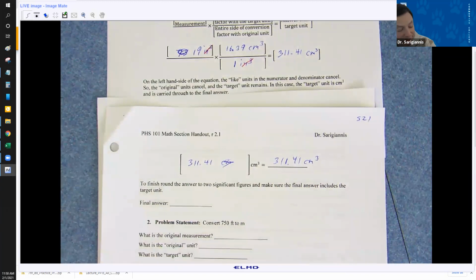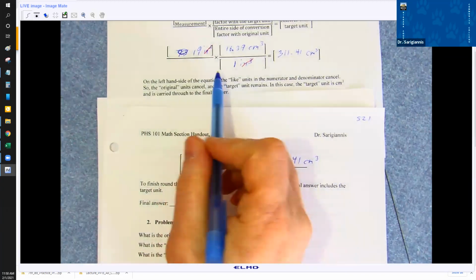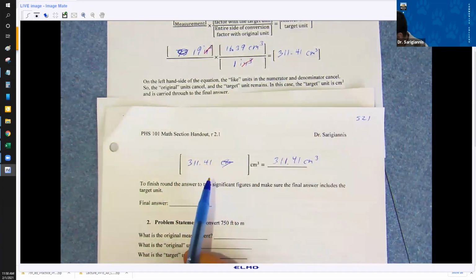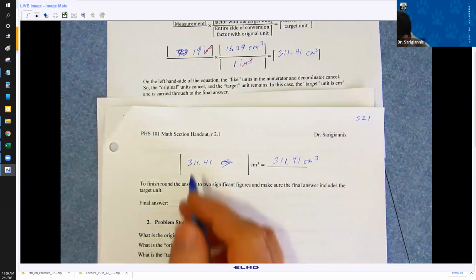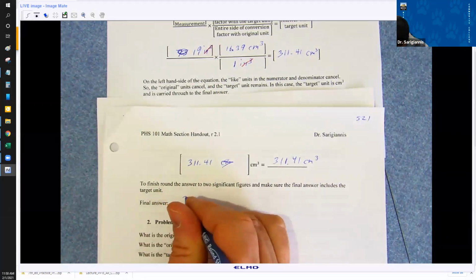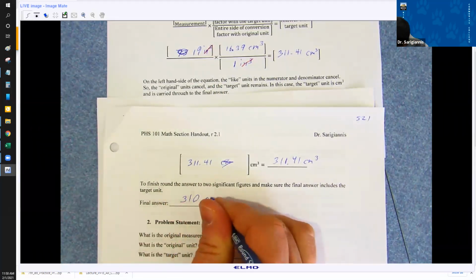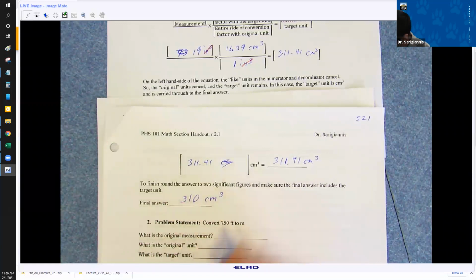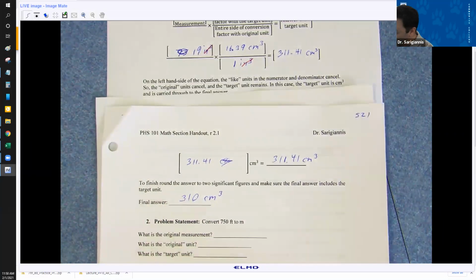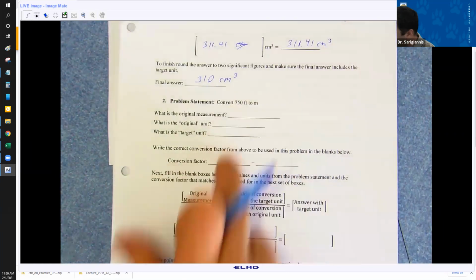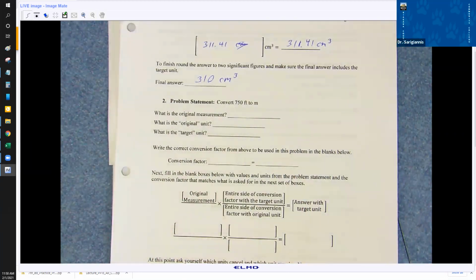Now we're rounding to significant figures. We were given 19 cubic inches, so we've got 2 significant figures as our lowest number of significant figures. So we're going to round this to 310 centimeters cubed.